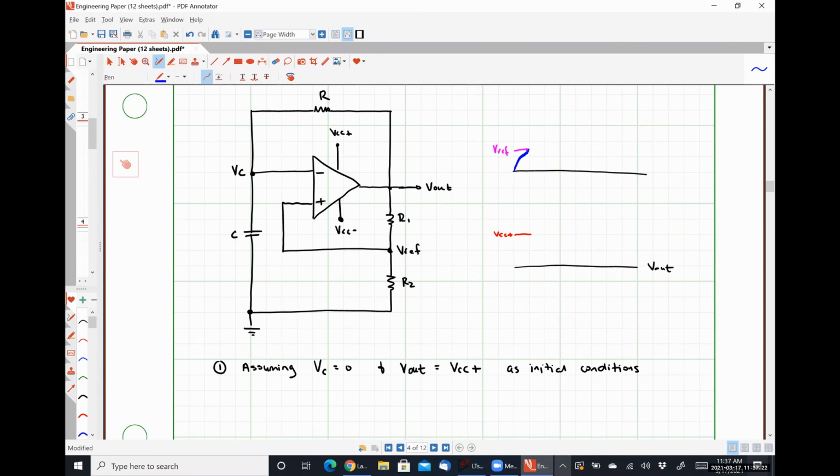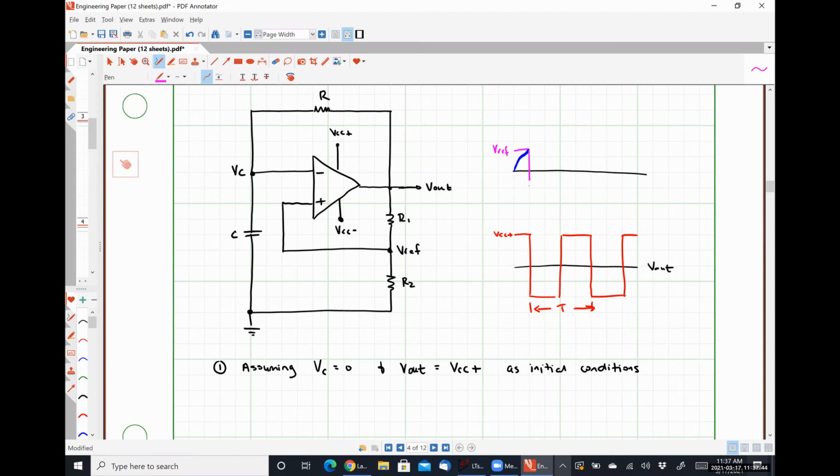So V out falls down, and it's just going to cycle back and forth between VCC plus and VCC minus, like so, where this is the period of oscillations that is generated.